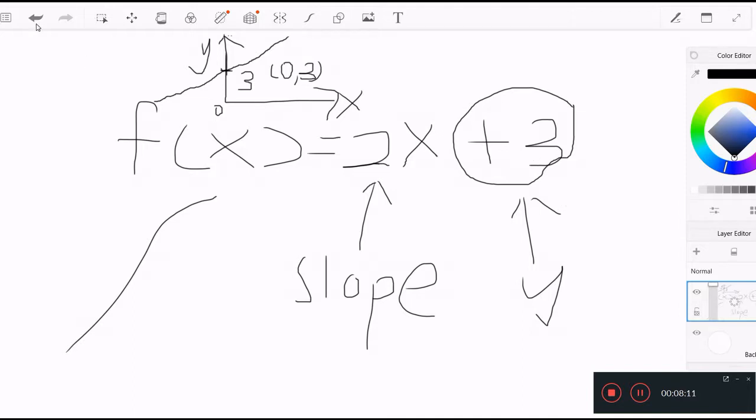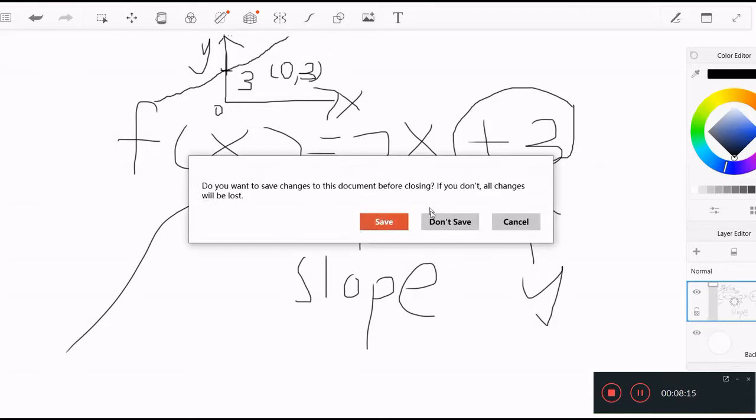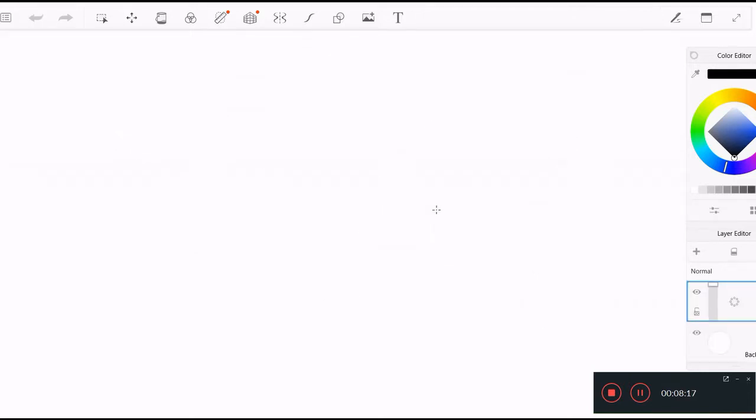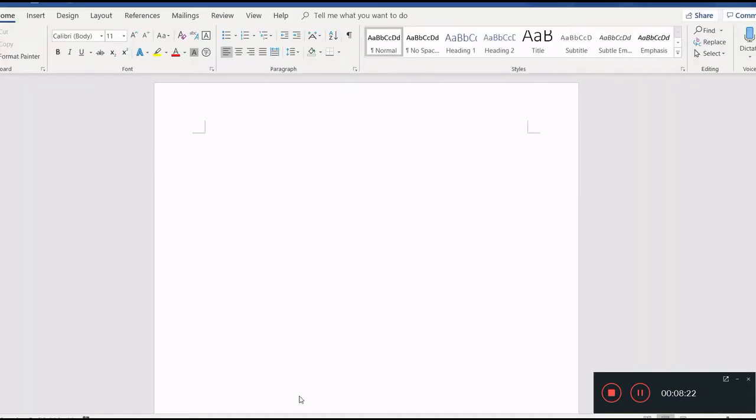So I will go further. I hope you guys can understand. Let's say I give you a point A where x is equal to 5 and y is equal to 4, and a point B where x is -1 and y is 2.